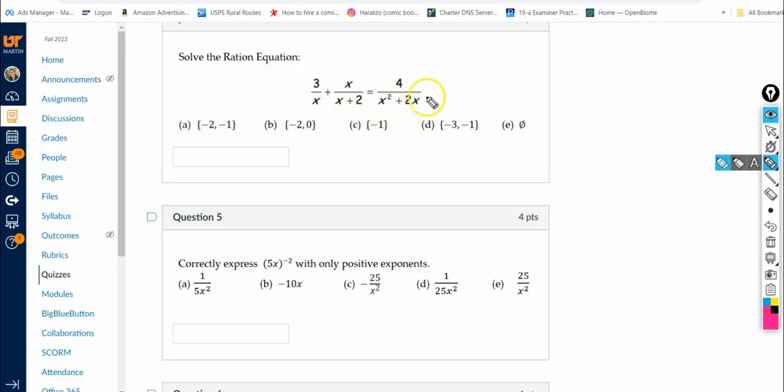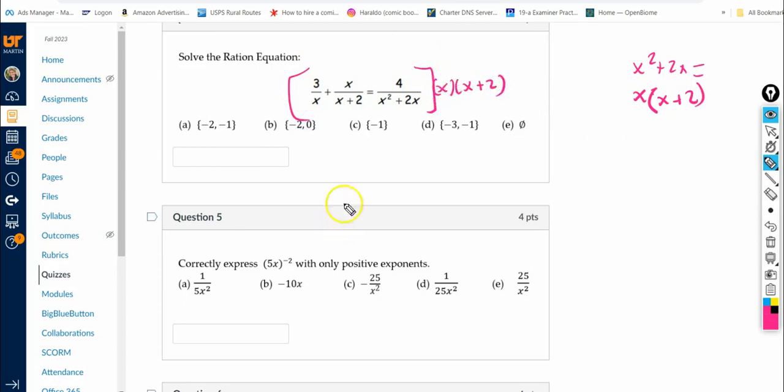Well, this is the same as, I can factor out an x, and I'll have that. So I'm going to multiply every term by x times x plus 2. When I multiply the first fraction by this, the x's will cancel, and I'll be left with that.